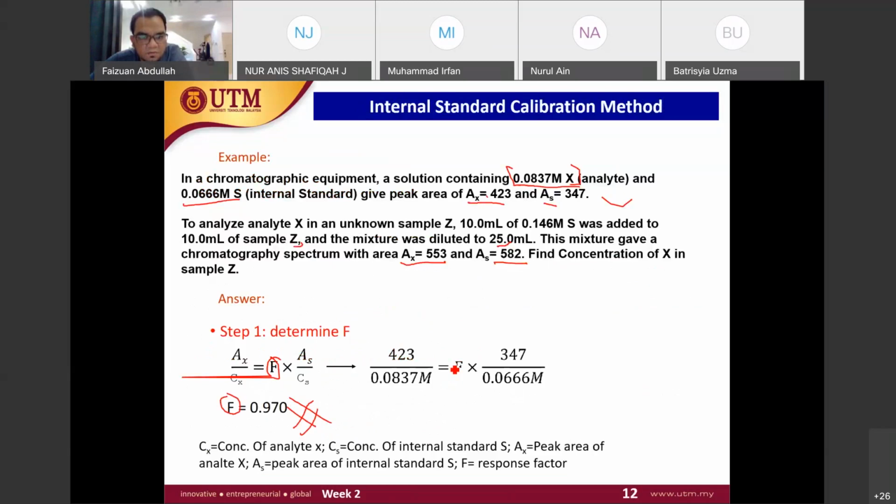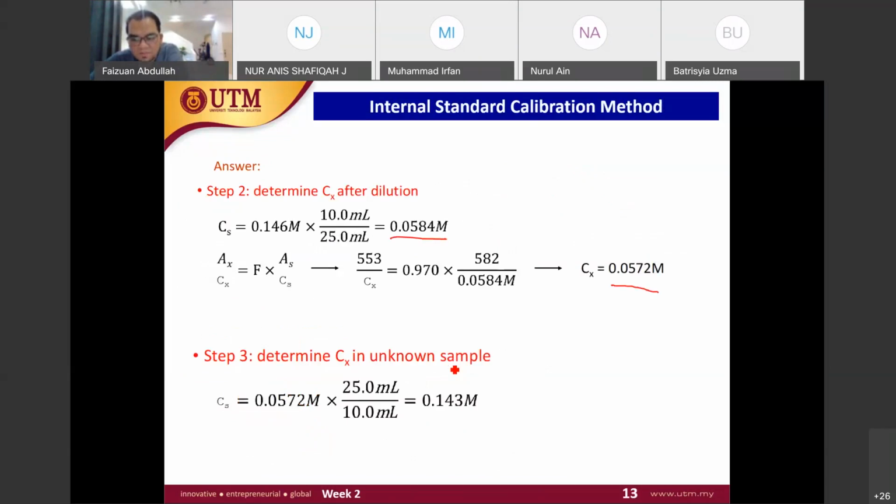Now, the concentration of X in sample Z. Who has the idea to share on how to determine Cx in the sample Z? We have all the values now. You can share.